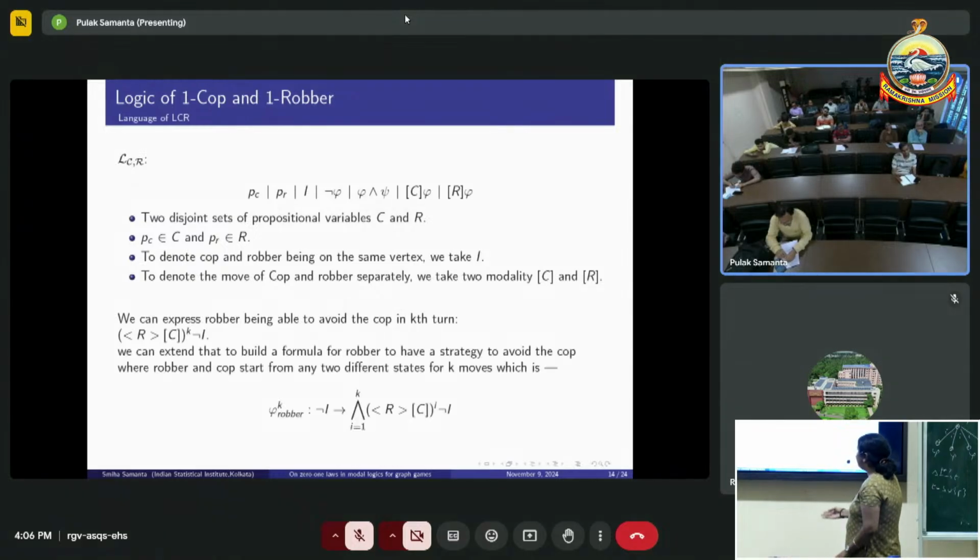And we can extend this to say that if we take this formula, it is saying that if they start from two different vertices, then the robber can avoid the cop in a k move game.